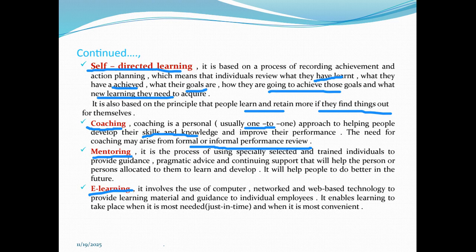Mentoring is the process of using specially selected and trained individuals to provide guidance, pragmatic advice, and continuing support that will help the person or persons allocated to them to learn and develop. It will help people to do better in future.